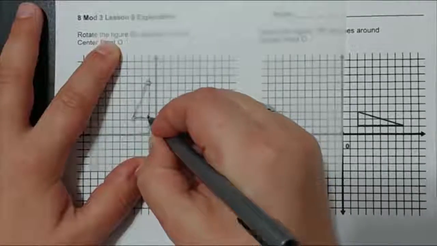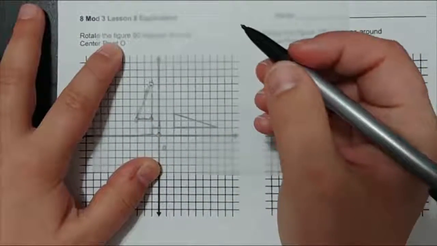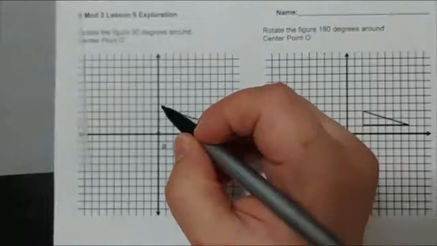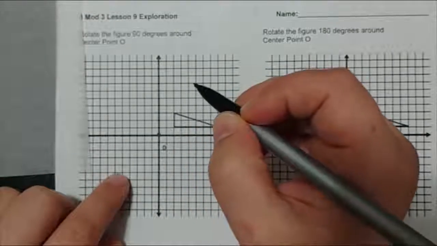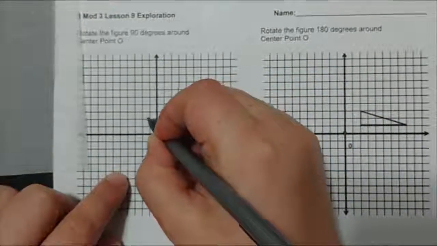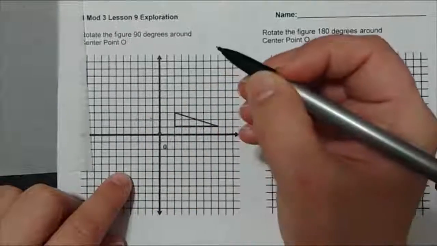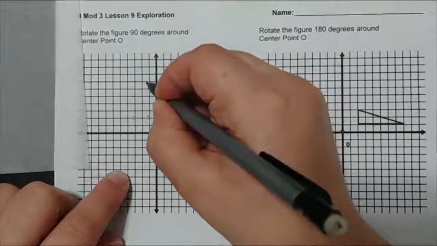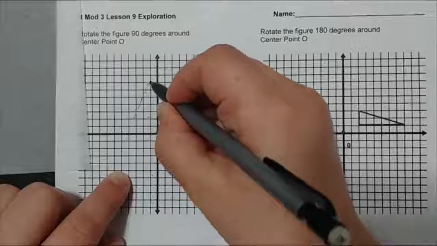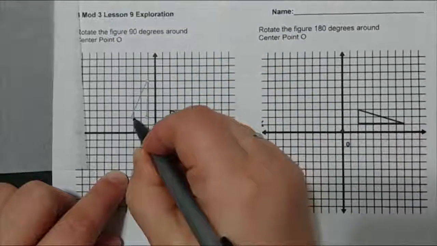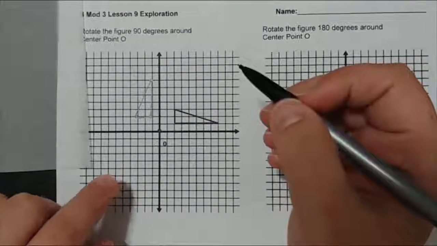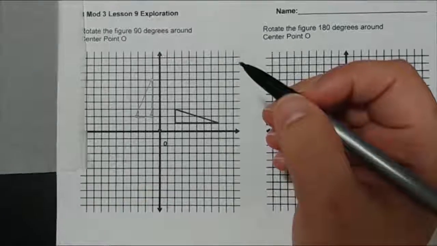Press, press, press on the points. All right. If I move my patty paper to the side over here, I see those points. Again, it might be difficult to see on the video, but I see it on my paper.